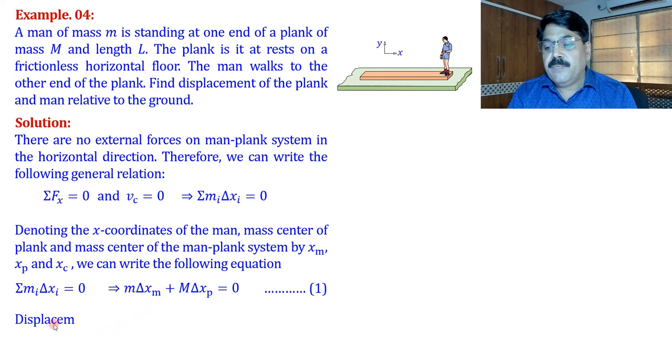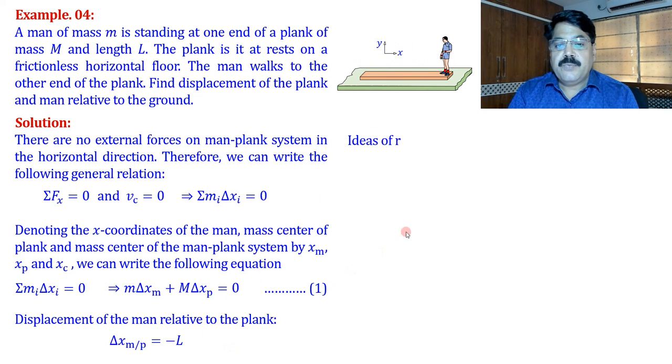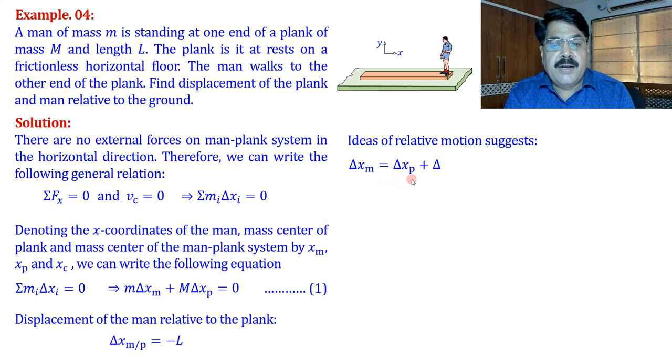So again we have to use the relative motion idea. The displacement of the man related to the plank, delta xm with respect to p, is minus L. We know this direction to be negative, and this is positive x. So the ideas of relative motion suggest that delta xm is equal to delta xp plus delta xm with respect to p.